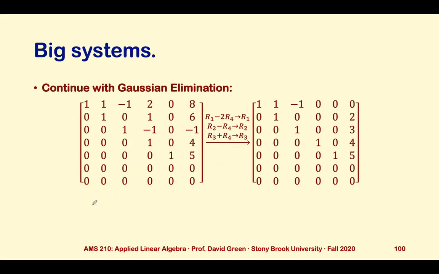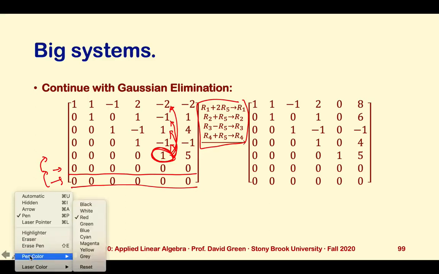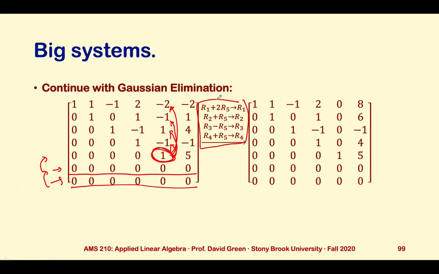Walking through, I was jumping ahead, actually what this does. Because of all of the zeros ahead of row 5, we don't have to worry about any of these first 4 columns. When we add or subtract a multiple of row 5, we're going to be adding or subtracting zeros.